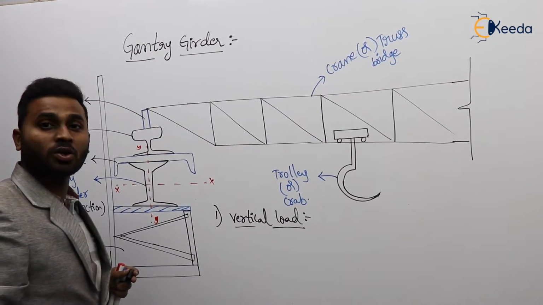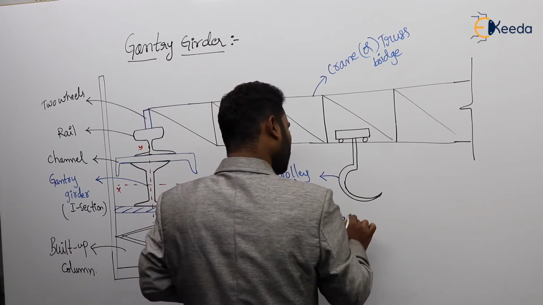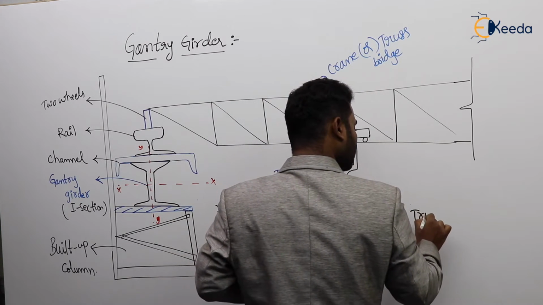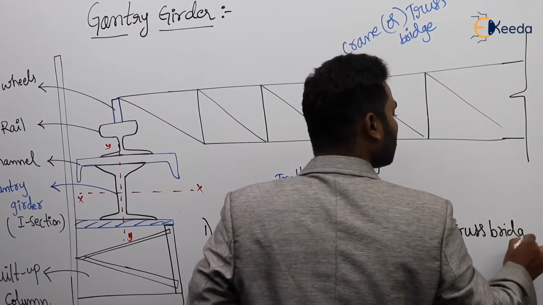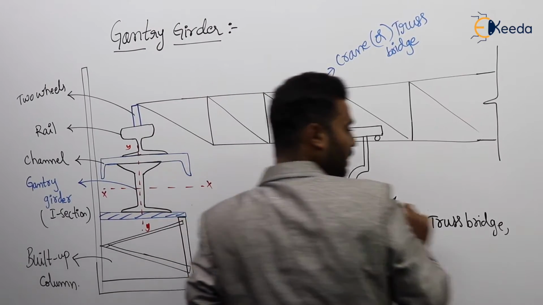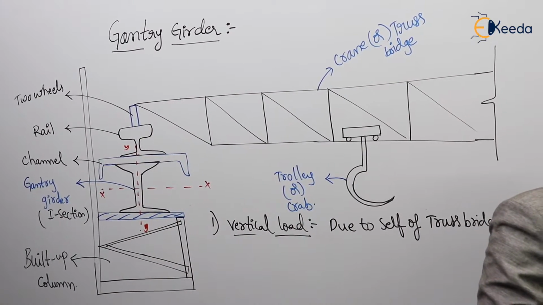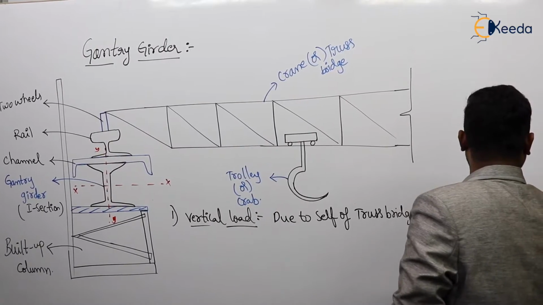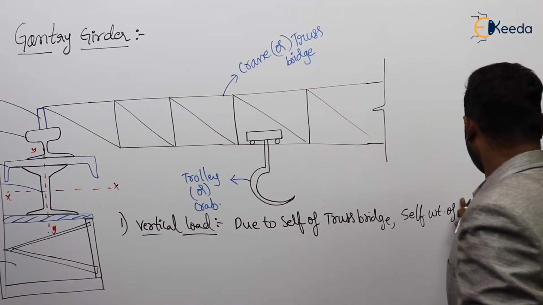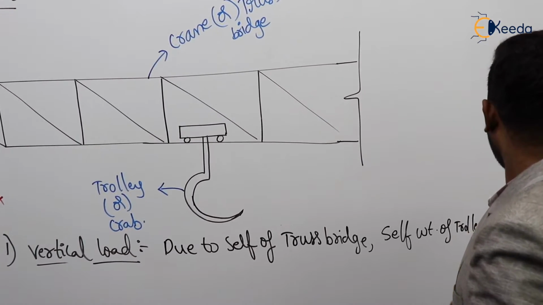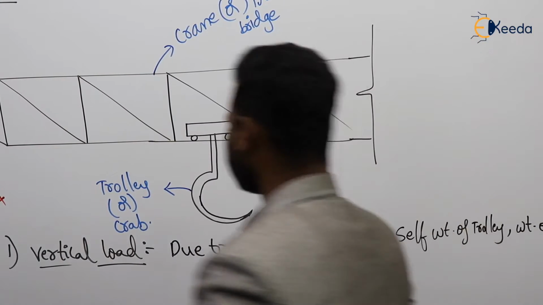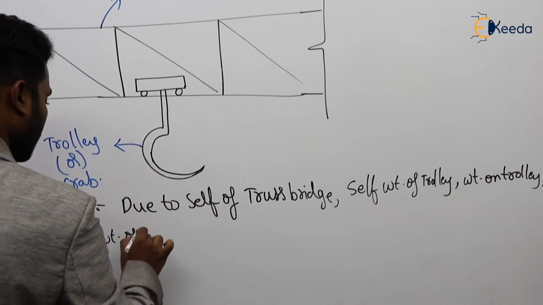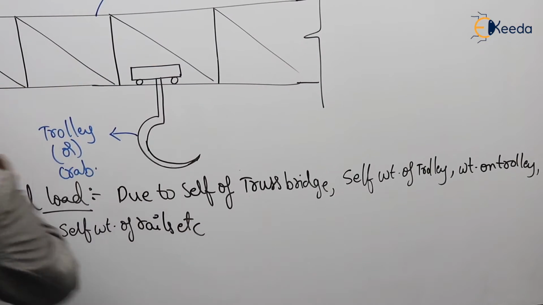The gantry girder is subjected to vertical load due to the self weight of this truss bridge, or you can say the crane, the self weight of the trolley, and the weight on the trolley. Also the self weight of the rail, etc., meaning the self weight of the channel, its own self weight.